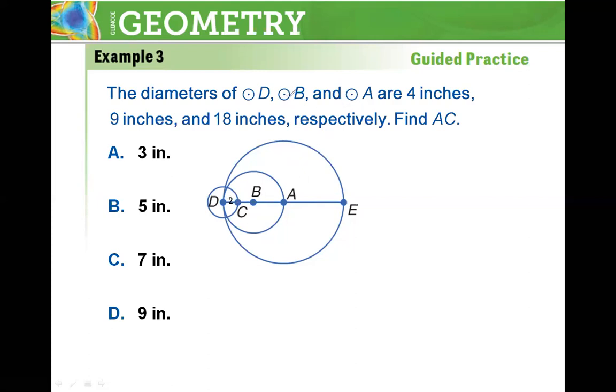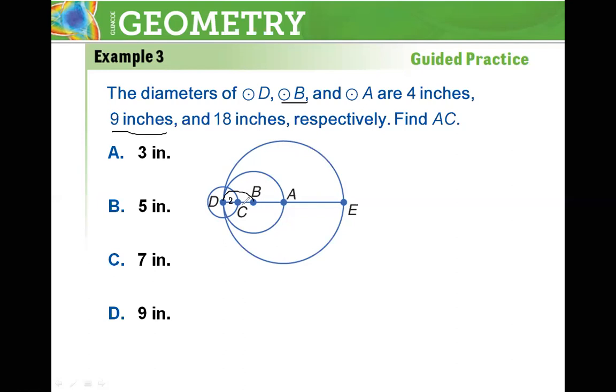Excellent, Muhammad. I'm going to the second circle, circle B. Its diameter is what? 9 inches. So the radius is 4.5. It means the radius of circle B, which is this part, pay attention, is 4.5. This part is 2, Muhammad. What about the small part here?